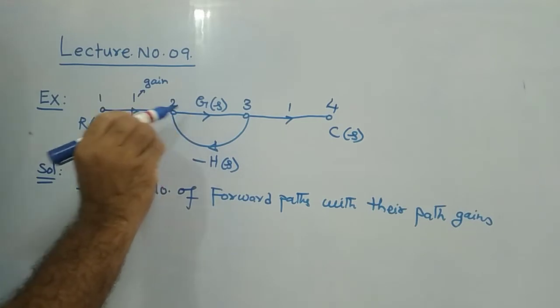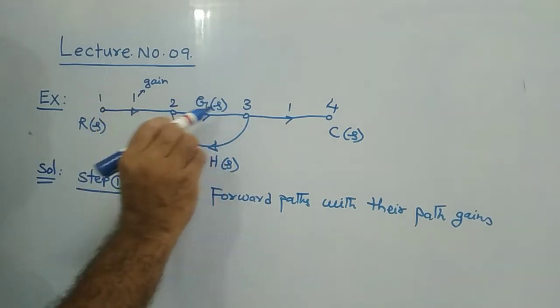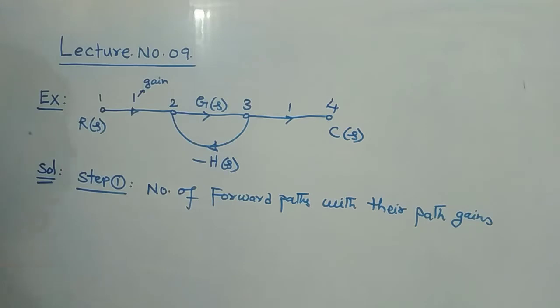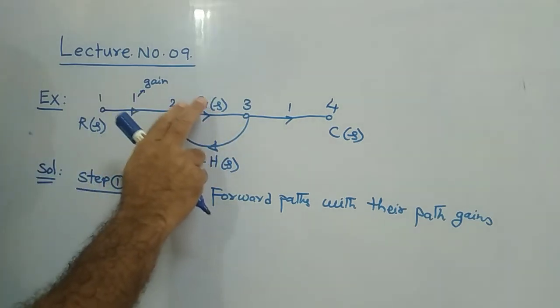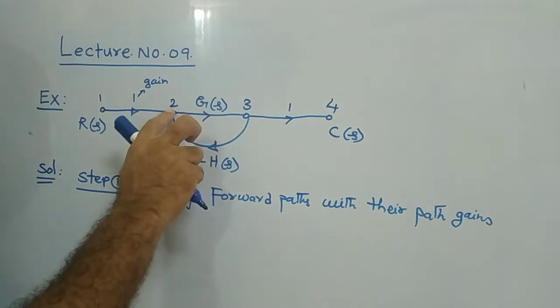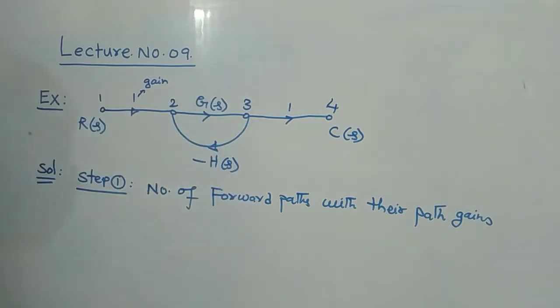Between node 2 and node 3, G of s is identified, meaning the gain of the available path. The gain of the path between node 2 and node 3 is nothing but G of s. That is the gain again.